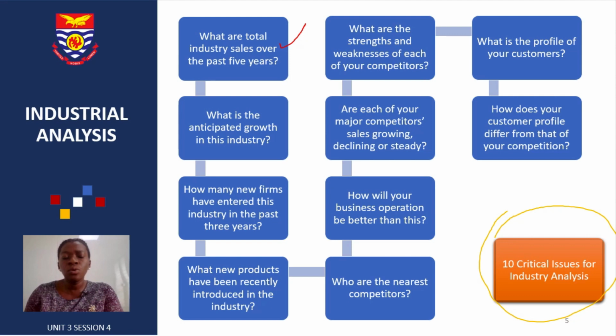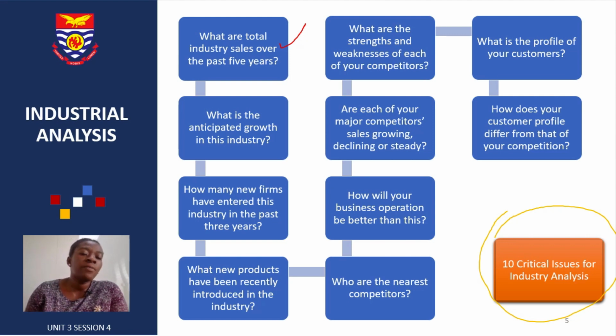It's going to give you some indication as to where the problem is, whether that industry is even viable or not. Because we made mention in our earlier sessions that the window of opportunity is the time frame in which you can go into that specific business and make a lot of profits from it. What is the gain of going into a dying industry if you're not going to survive it? And so it is very critical to look out for the total sales over the last 5 years in the industry you find yourself.